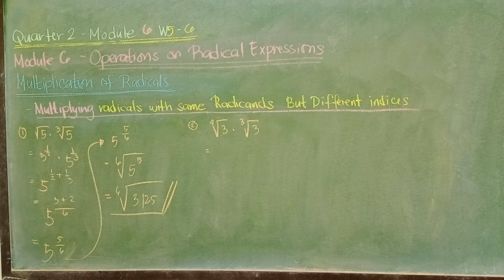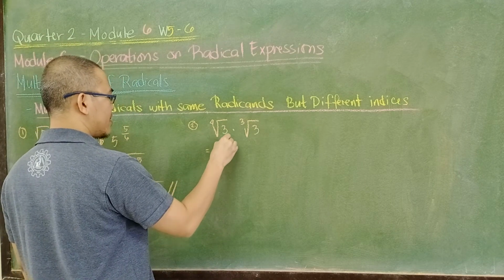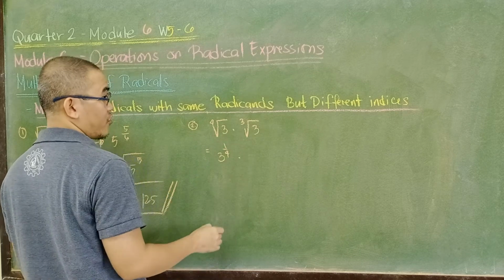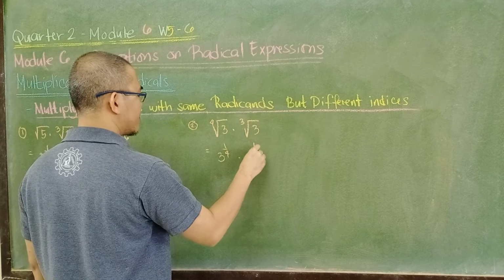Next, number 2, same, parehas sila ng radical, magkaiba ng indices. I-convert natin sila muna from radical expression to rational exponents. So 4th root of 3 is equal to 3 raised to 1/4 times cube root of 3, that is 3 raised to 1/3.